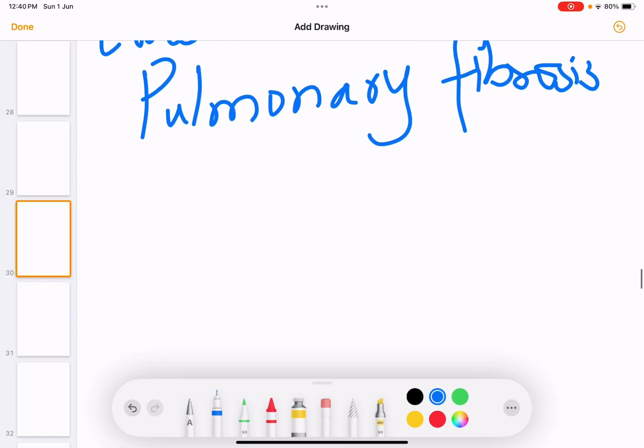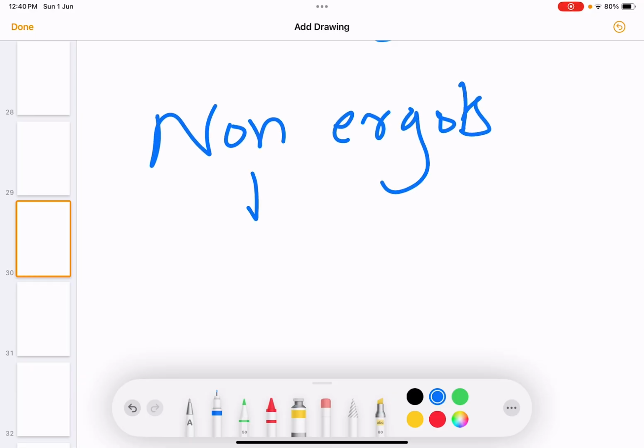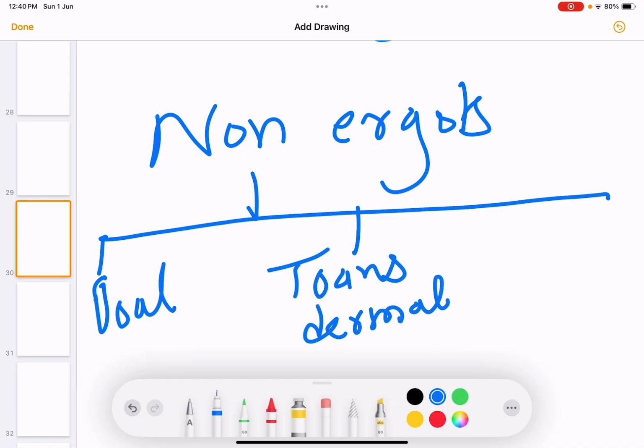So now we use non-ergots. In non-ergots, there are 3 categories of drugs: oral, transdermal patch, and subcutaneous.